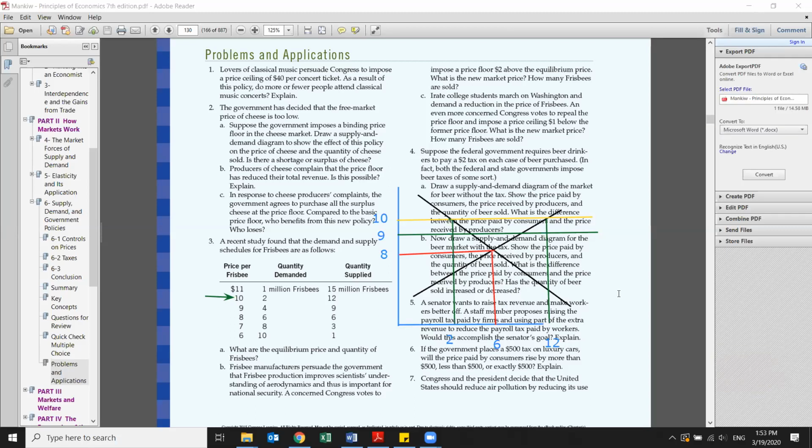Very nice. Wait, you wrote it's a binding case. Why is it binding? Price ceiling. This is the price floor. The yellow one is the price floor. The green one is the price ceiling. If the price ceiling is above the equilibrium, it does not affect the economy because it's a maximum price. They're already satisfied.